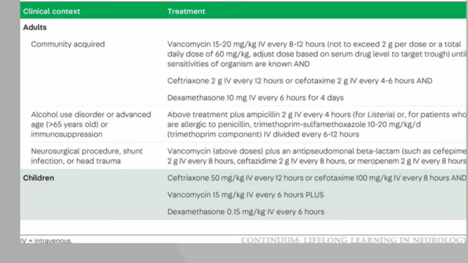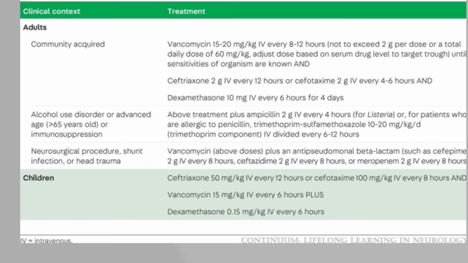So strep pneumonia, Neisseria meningitis, etc. So you give vancomycin because a lot of the strep is resistant, and you give a third generation cephalosporin, either ceftriaxone or cefotaxime. It's also under guideline to give concomitant or even beforehand dexamethasone 10 milligrams every 6 hours for 4 days.